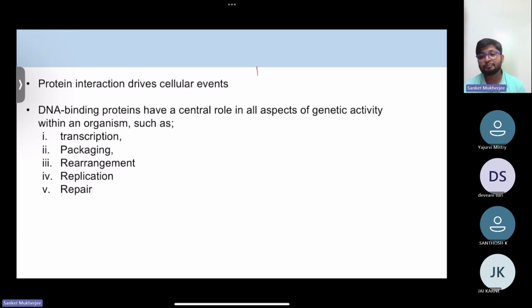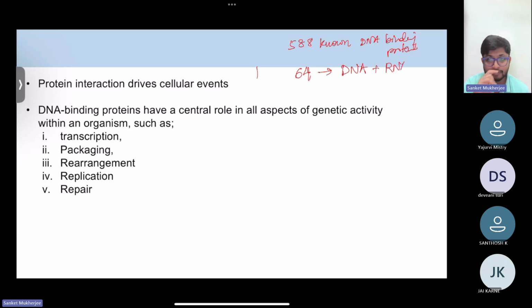Why so? Because we can use these proteins to bind to specific DNA sequences, if we know how these DNA binding proteins work. In a review, it was already published that there are around 588 known DNA binding proteins, and out of these, 64 bind to both DNA and RNA, right?